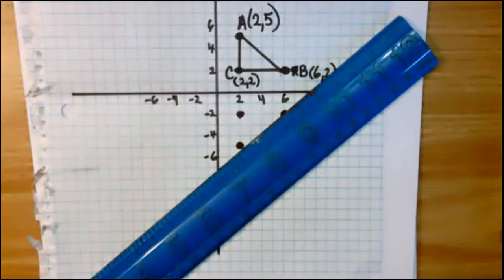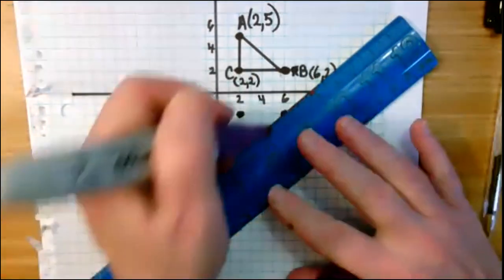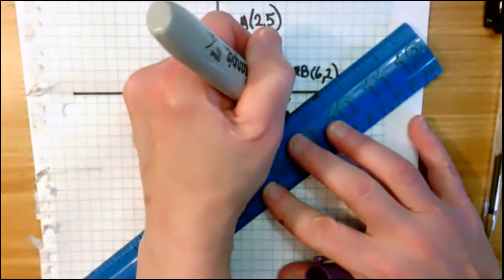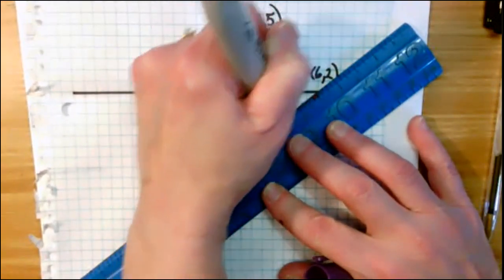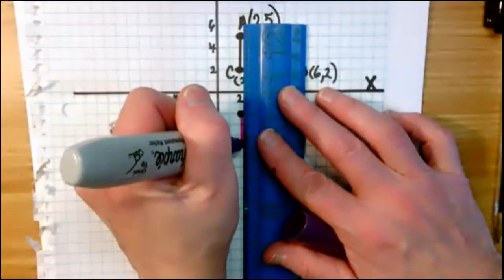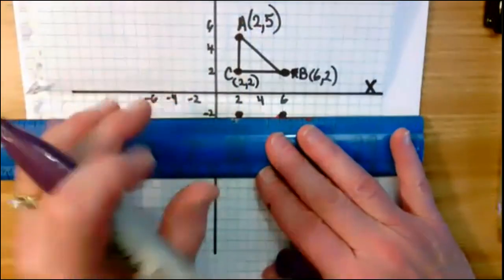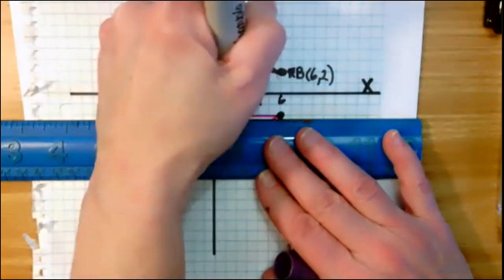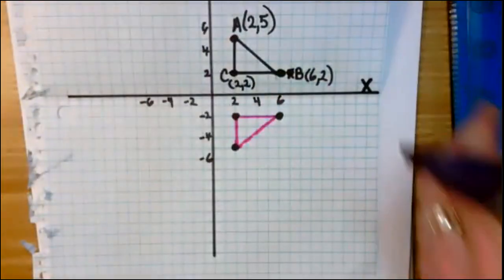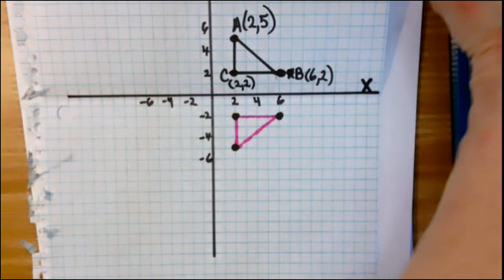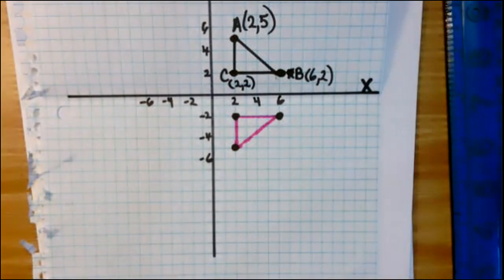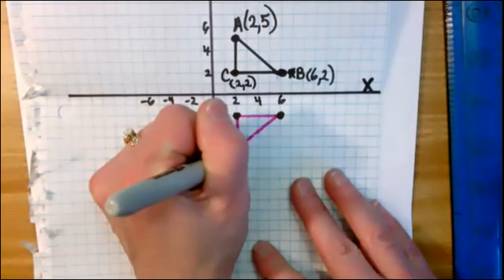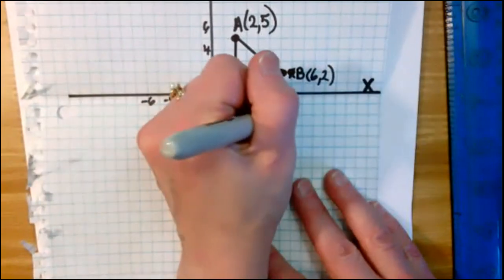Actually, I should use a different color so that you can tell that it's a reflection, even though you can because of the labeling too. Let's make it pink. Okay, there's my reflection. Now, which point is A, which point is B, and which point is C? Well, this is A prime, this is C prime, and this is B prime.